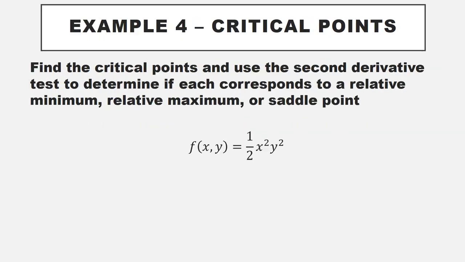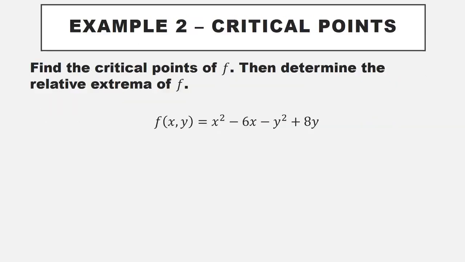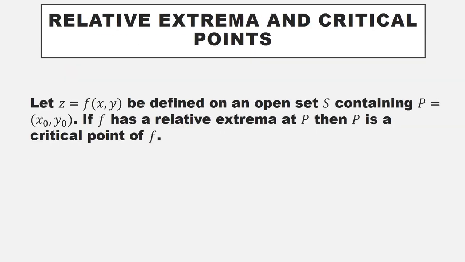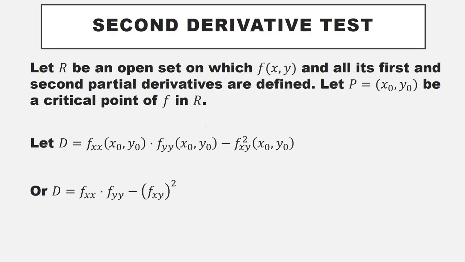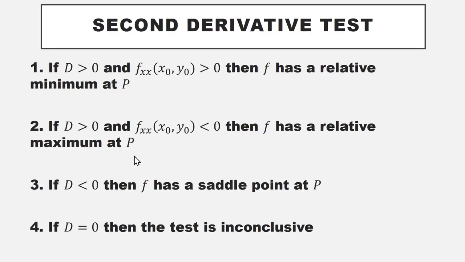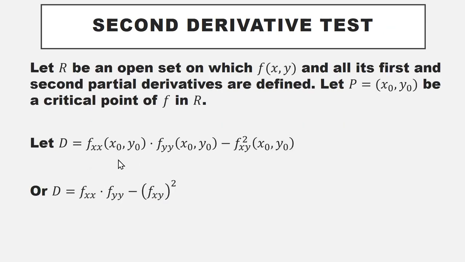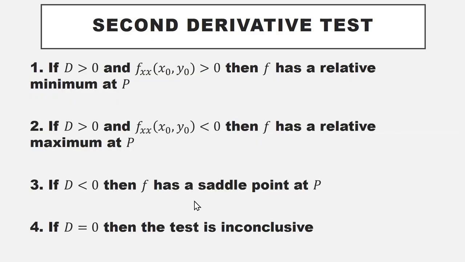And all of this comes from a couple of things. First, if my function in 2 variables has a relative extrema at P, then P is a critical point. So we can find all of the extrema by finding the critical points and then doing a determination. And the determination comes from this rule. Those give me my relative extrema, these rules.